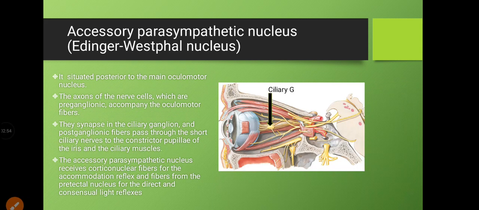The parasympathetic nucleus of oculomotor nerve, or Edinger-Westphal nucleus, is located just posterior to the main oculomotor nucleus.